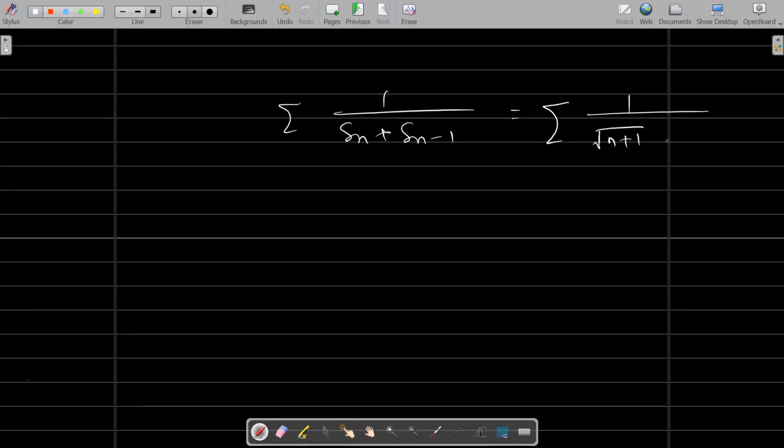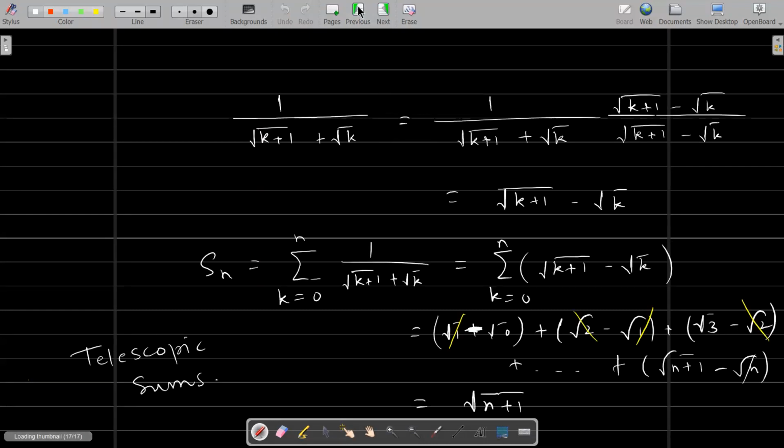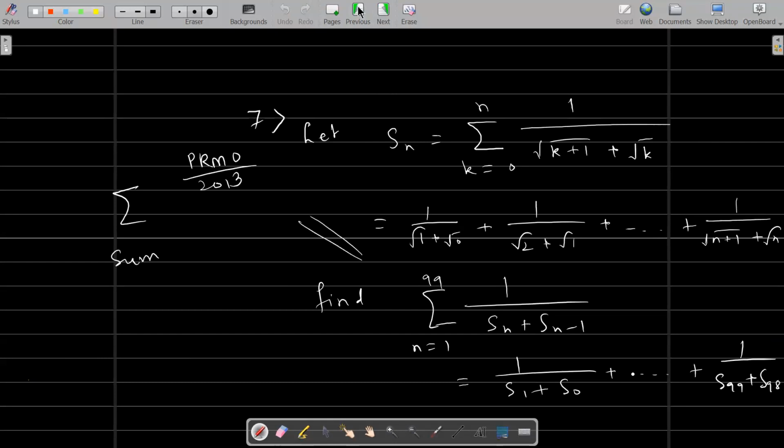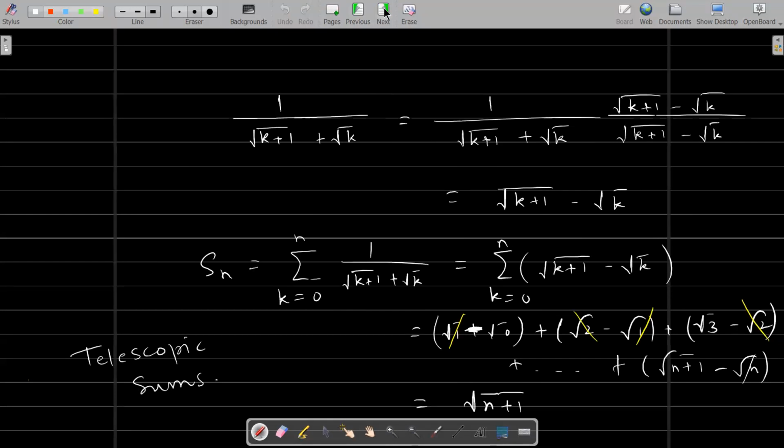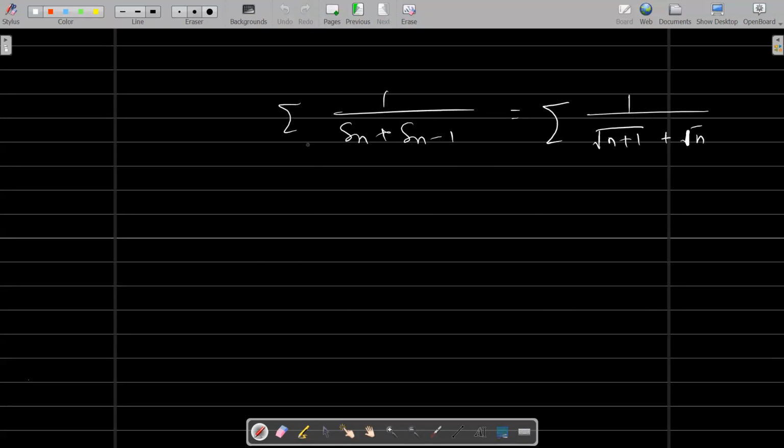Which means Sn minus 1 is root n, right? Here n goes from 1 to 99.